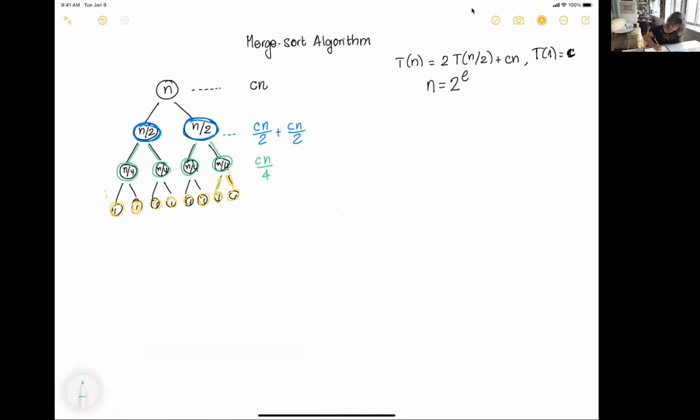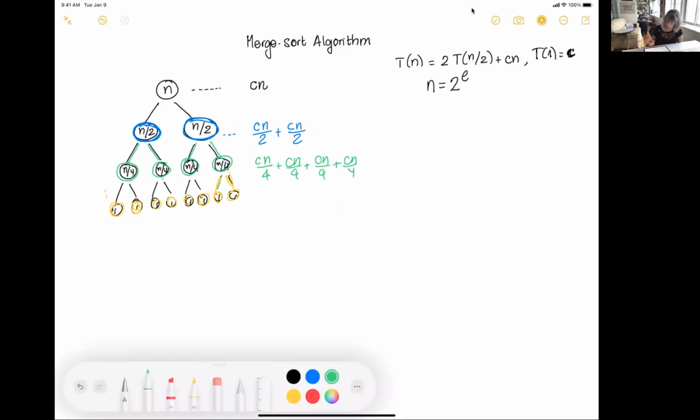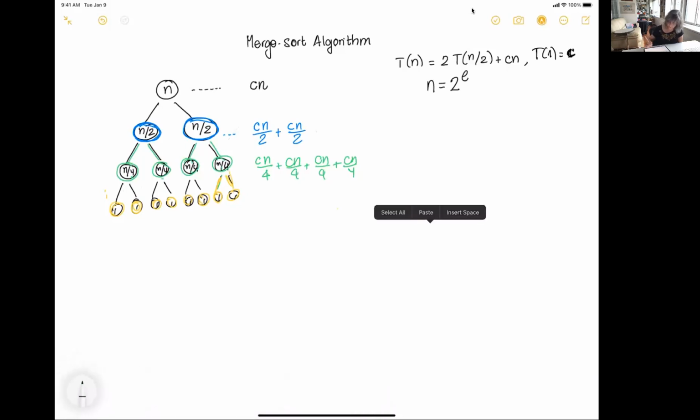But he's got 4 problems, 1, 2, 3, and 4. So Cn is Cn/4 plus Cn/4 plus Cn/4 plus Cn/4. And I guess you can see that in general, in this particular case, the observations that we have are the following.